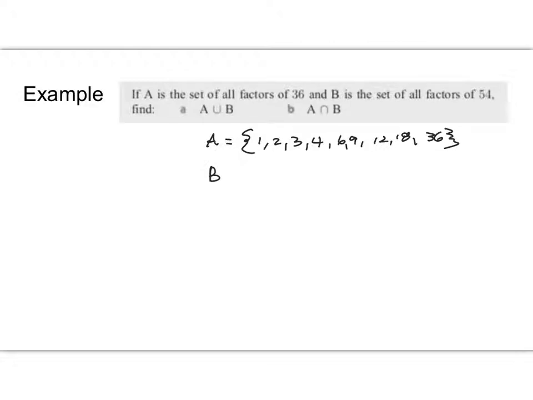Set B is all the factors of 54. Okay. 1, 2, 3, 6, 9, 18, 27, 54. Hopefully I got them all, but if I didn't, you'll get the right idea anyways.